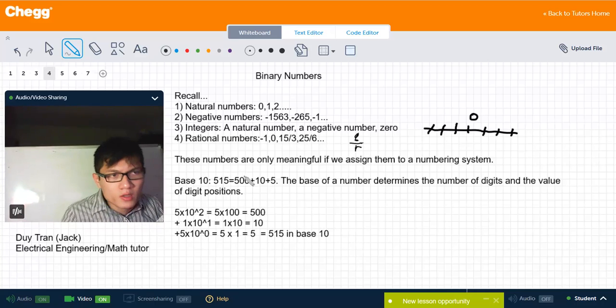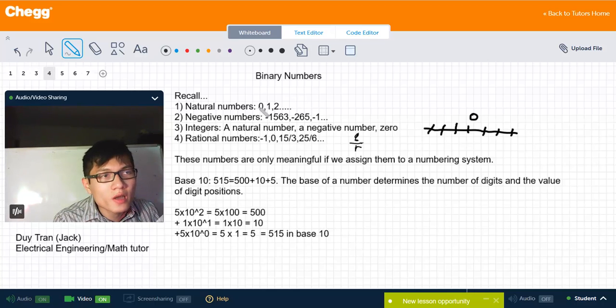These numbers are only meaningful if we assign them to a numbering system. You have been using these kinds of numbers for calculation in calculus, in trigonometry, and mostly all of the classes you are dealing with.